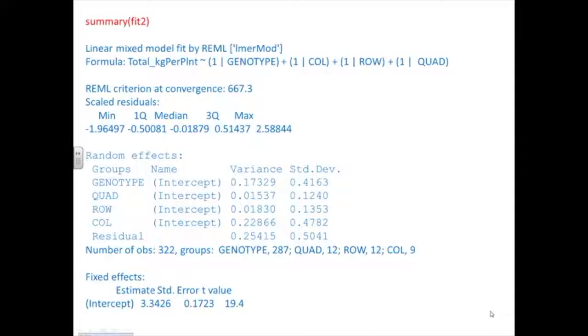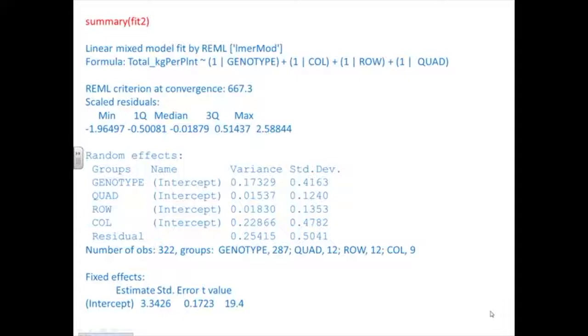So the next step is we use the summary command to extract the variance components from our random effect model. At this point, we're not really going to use this information, although you should be able to look at this and tell me what are the most important factors in this field for field variation.